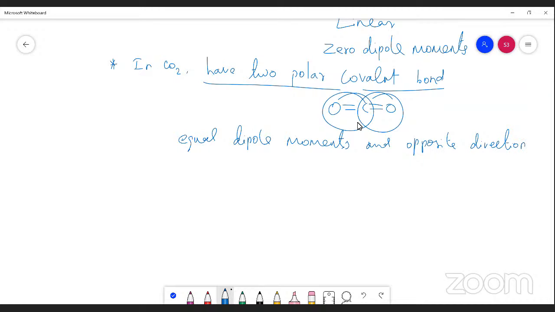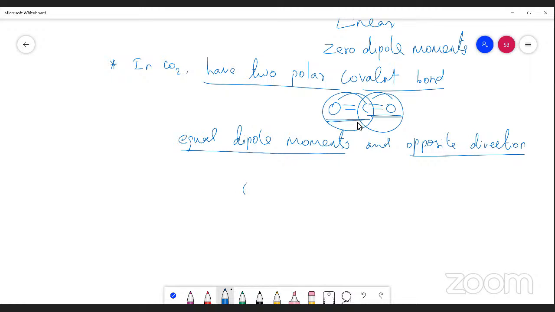In carbon dioxide, C double bond O, the two polar bonds have dipole moments of equal magnitude and opposite direction. That is why the net dipole moment of carbon dioxide is equal to 0.